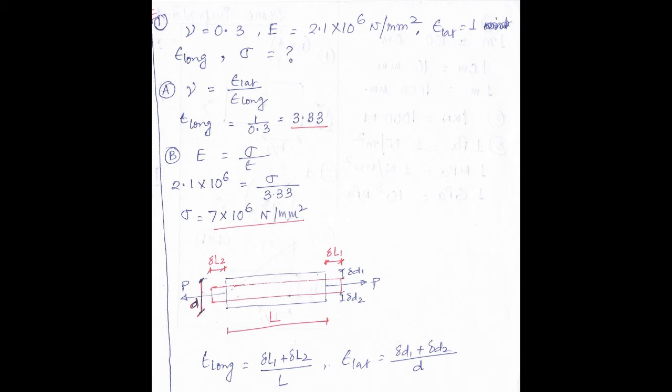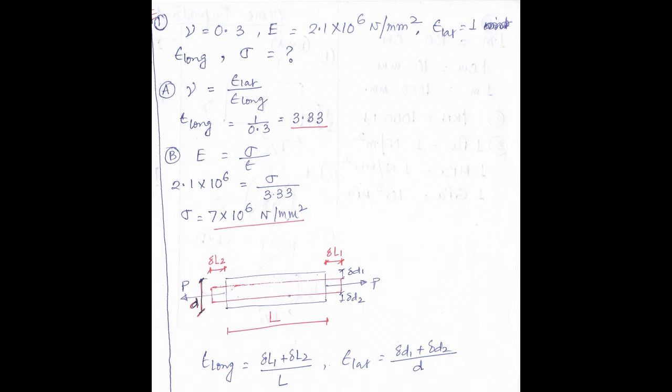So let us apply the formula. Number 1, Poisson's ratio is equal to lateral strain by longitudinal strain. Poisson's ratio is given as 0.3, so the longitudinal strain will be lateral strain divided by the Poisson's ratio. Lateral strain is 1, so 1 by 0.3 is 3.33. That is the longitudinal strain.